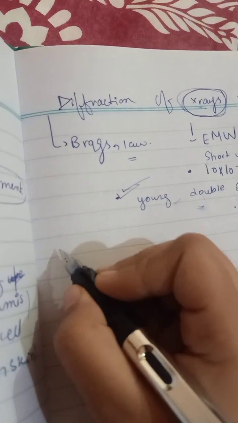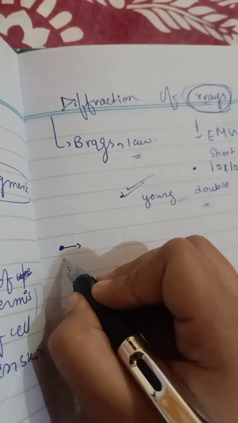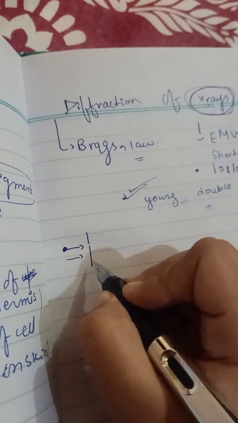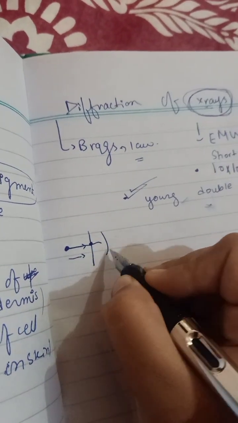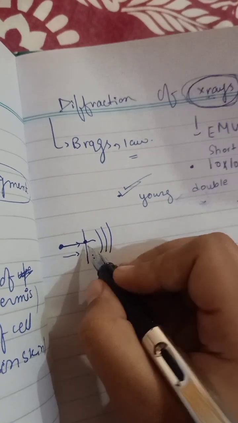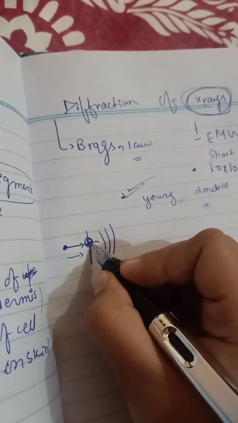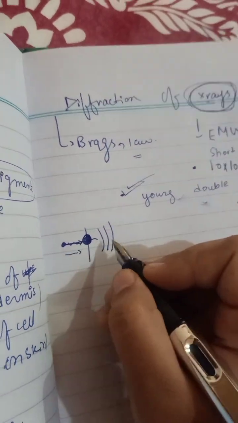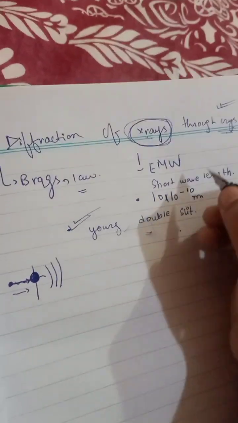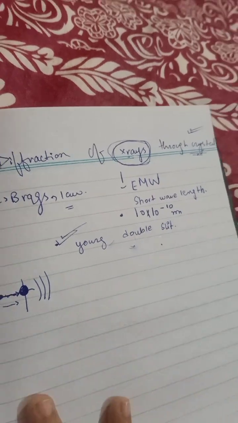For example, if a ray is coming, its spacing should be equal to the wavelength so that it can pass and diffraction can occur, but the spacing is far too much, and the wavelength is very short, so the diffraction cannot occur. So that's why we are doing the diffraction by the crystal.